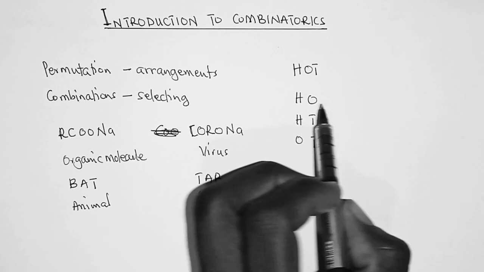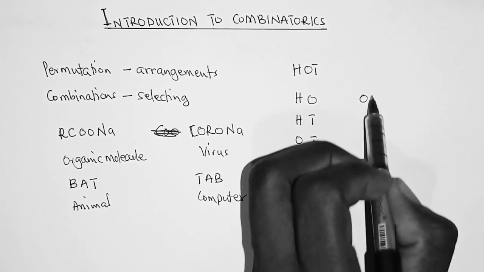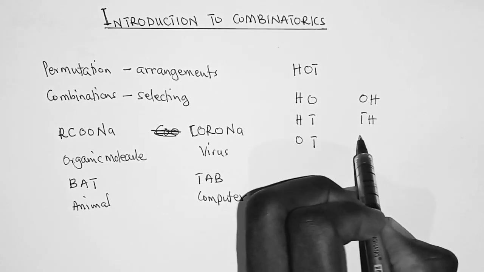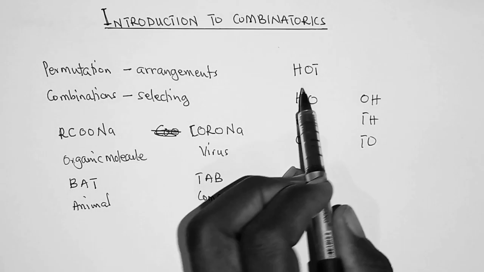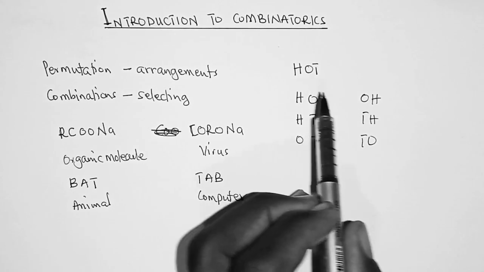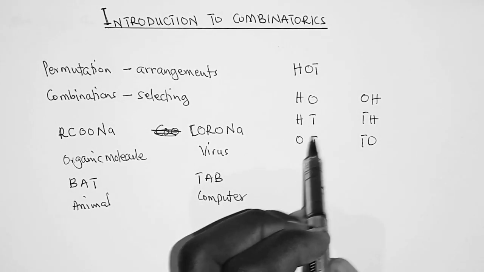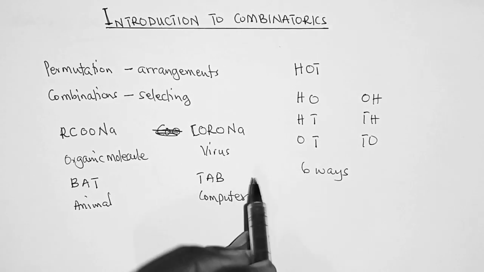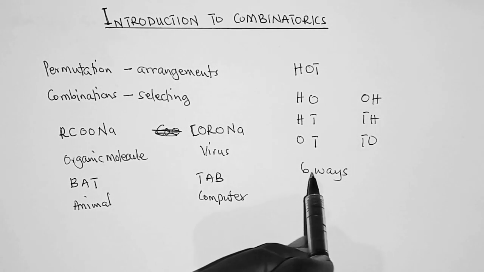We can also reverse by taking OH, then TH, and then TO. So in how many ways can we arrange this word HOT? 1, 2, 3, 4, 5, 6. So there are 6 ways. That is in terms of permutations.